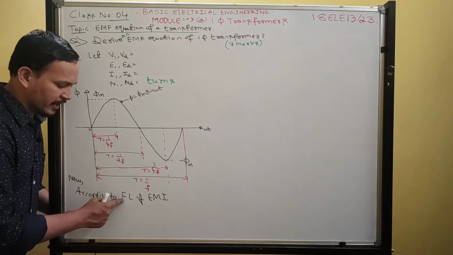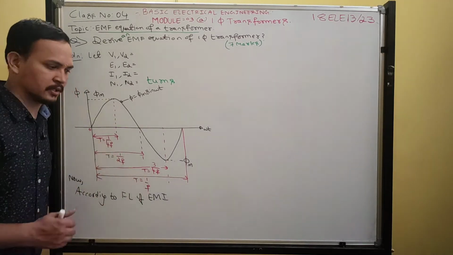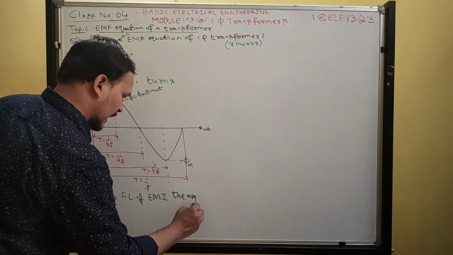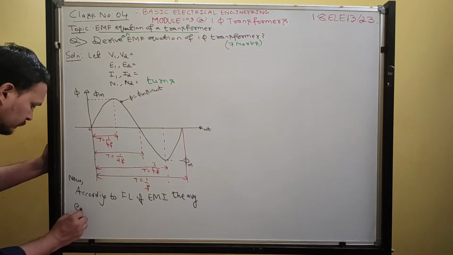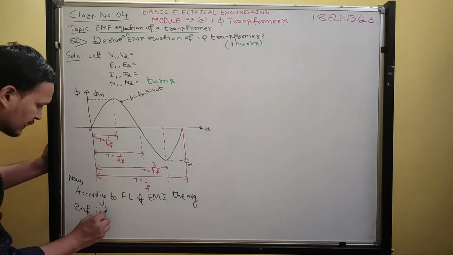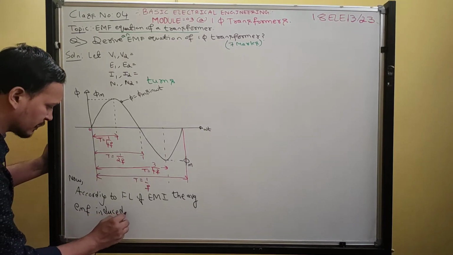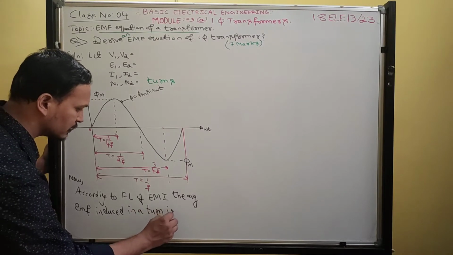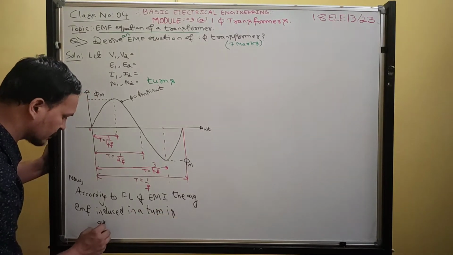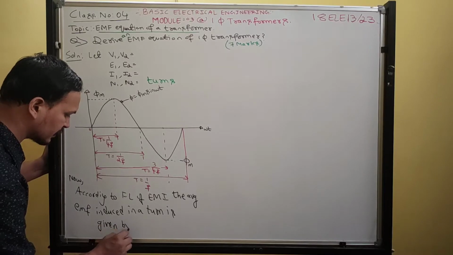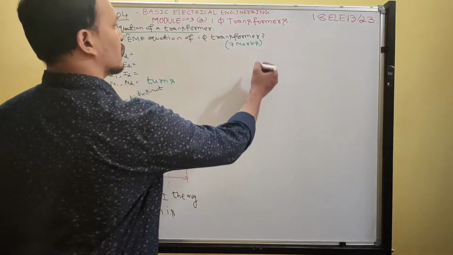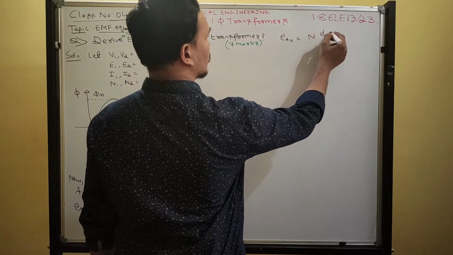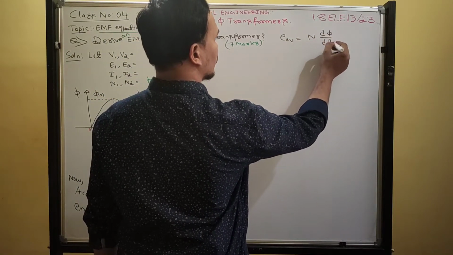Now according to Faraday's law of electromagnetic induction, the average EMF induced in a turn is given by: write down like this, E_AV is equal to N into dφ by dt.